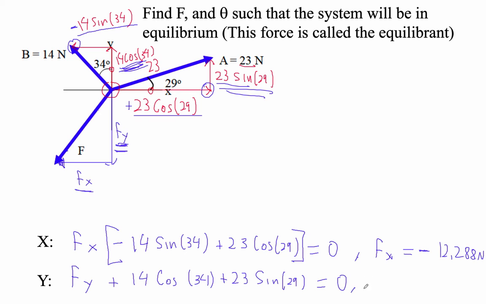So let's find our Fy. I'm just doing math here. Fy is, of course, going to be the opposite of whatever's in these brackets. So 14 cos 34 plus 23 sine 29, and that's negative 22.757.